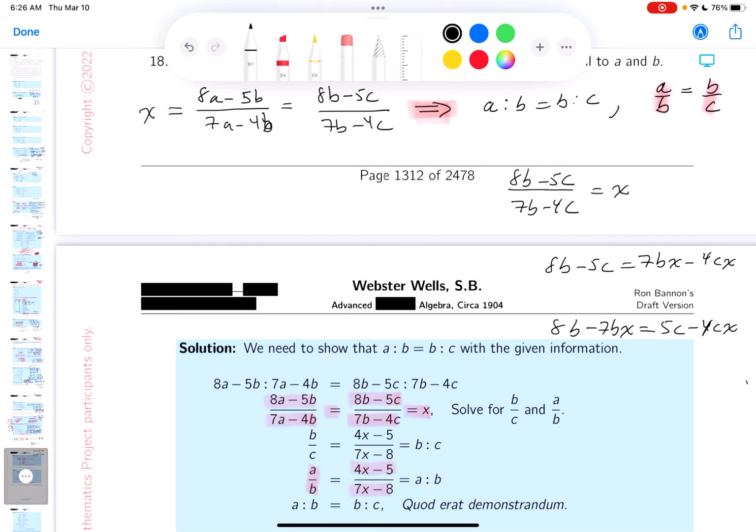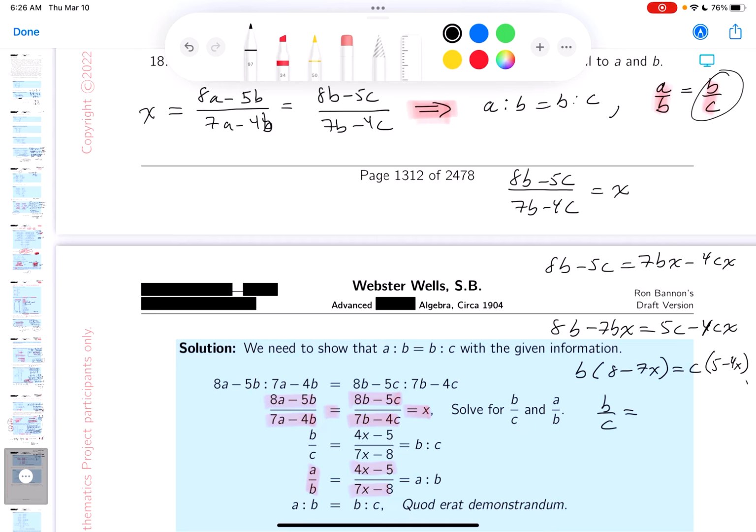And I'm going to factor out a b now. And what do you get? By the way, we're aiming for this. We're going to get what? 8 minus 7x. I'll factor a c here out. And what do you get? You get 5 minus 4x. And we want b over c.